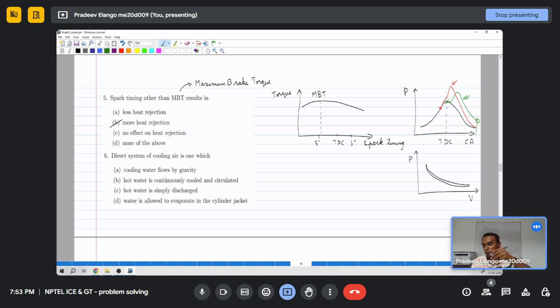Similarly, if we go too early, like if you start the combustion here, then your combustion will start even here and then expand like this. That means even before TDC, you have reached the maximum pressure.